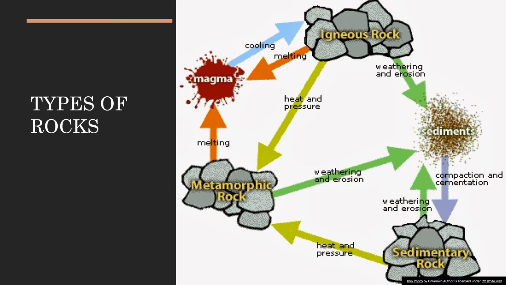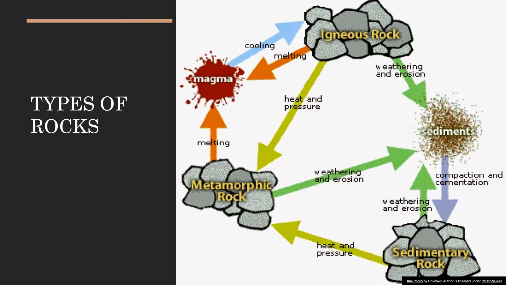And this happens if heat and pressure are placed upon the igneous rock. So after the magma has already cooled and become an igneous rock, then it experiences heat and pressure again. So say it goes under the ground and interacts with more magma, then it might become a metamorphic rock because it would be changing from the type of rock that it is into a new type.